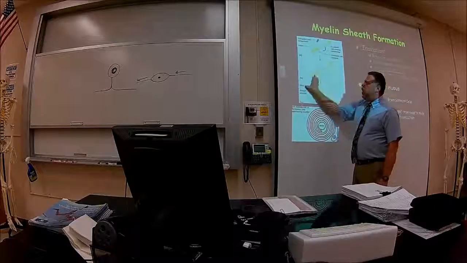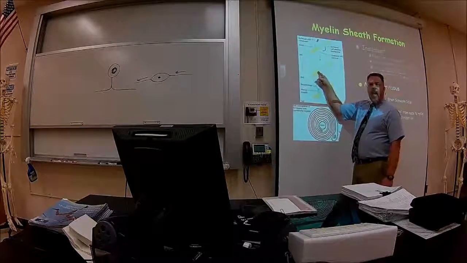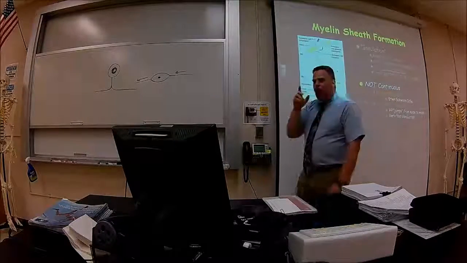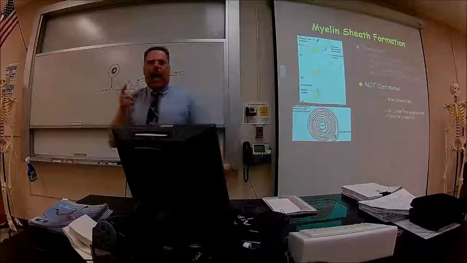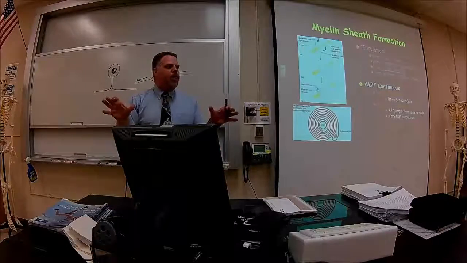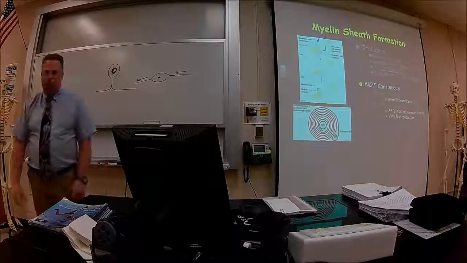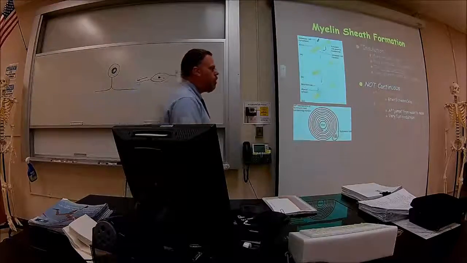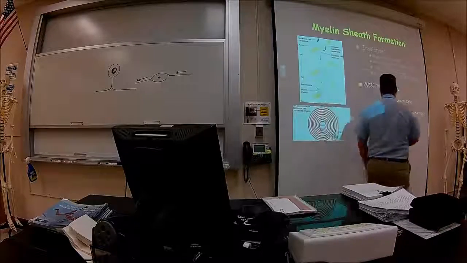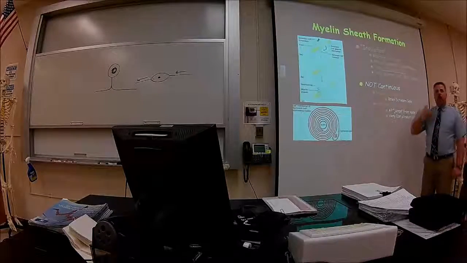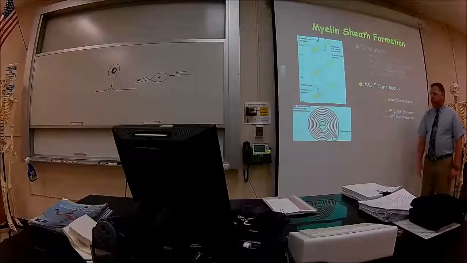We have one over here, and we've got another one over here. But there's a gap in between. I'll show you that in a moment. The areas of exposed axon in between the myelin are called nodes of Ranvier. Okay? And like I said, this saltatory conduction makes it go very fast when it's myelinated.